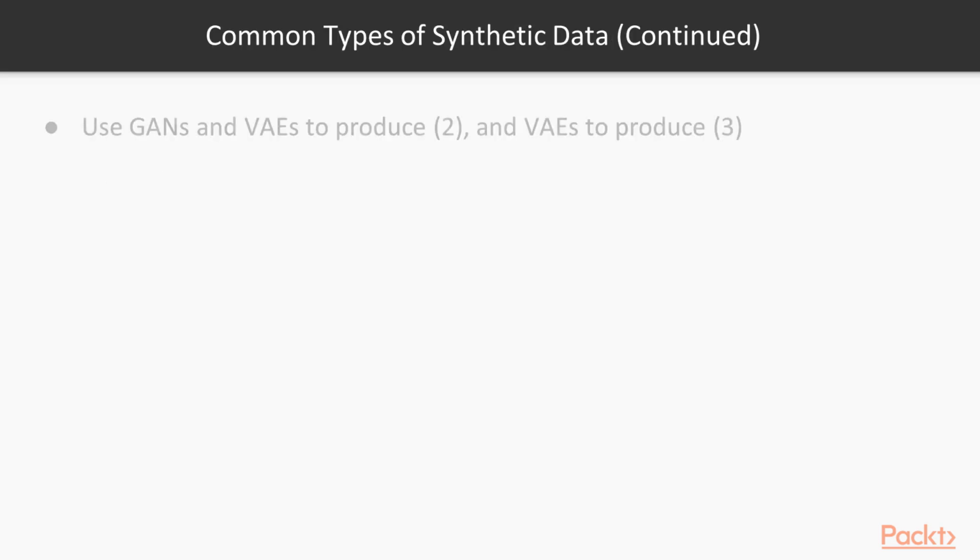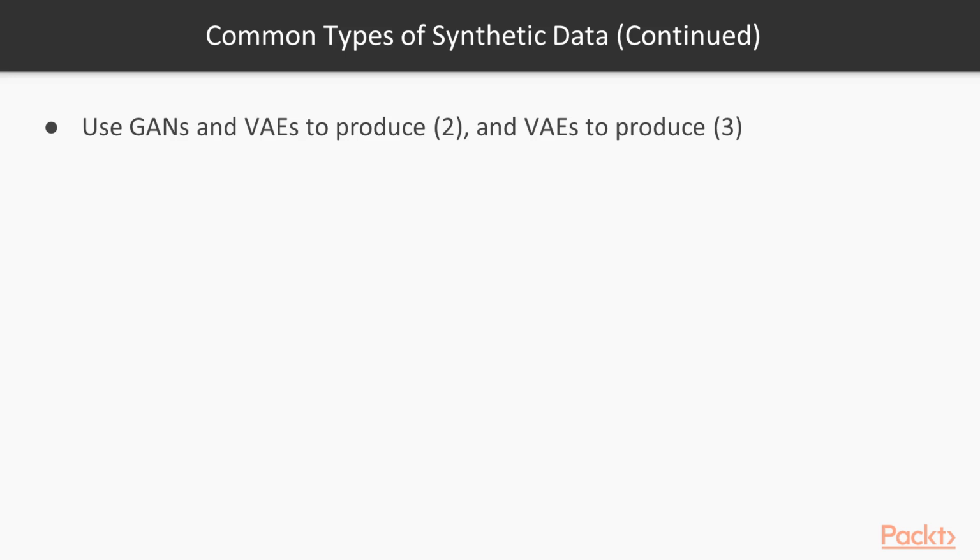So we're going to be using GANs and variational autoencoders to produce two, that is to say, synthetic data that is similar to available data in general. And we're also going to be using variational autoencoders to produce three, synthetic data that is similar to a particular class or case from the available data.